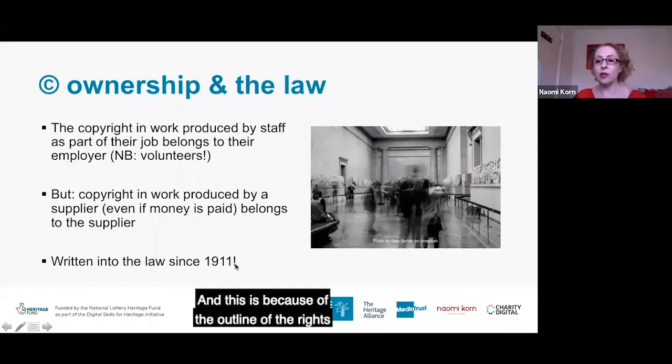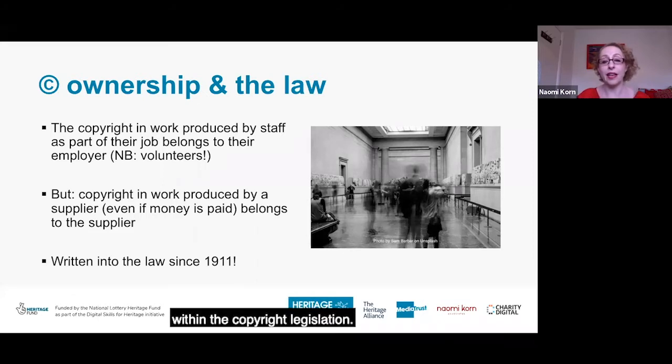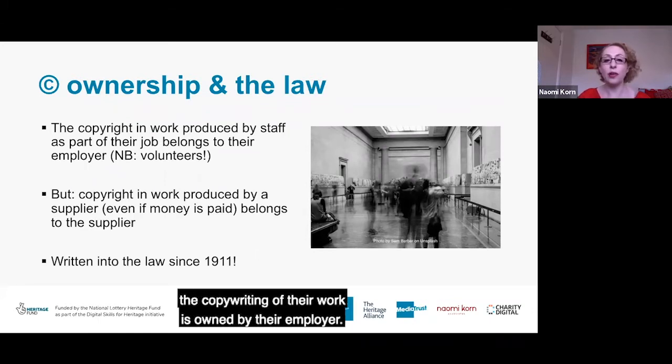And this is because of the outline of the rights of the individual and also employees' rights within the copyright legislation. So whilst the work produced by staff, so that means that anyone that's paid, that has the status of employee, the copyright in their work is owned by their employer.